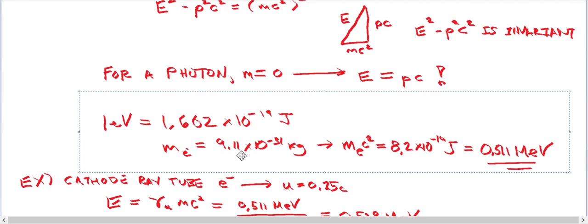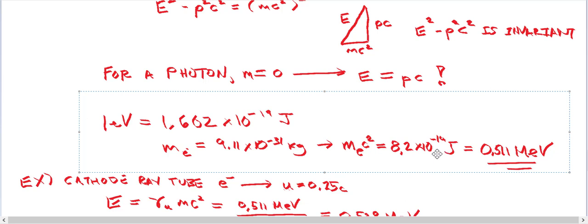The mass of the electron is 9.11 times 10 to the minus 31 kilograms. So mc squared, the rest energy of the electron, is 8.2 times 10 to the minus 14 joules, right? c is 3 times 10 to the 8 meters per second, so 9 times 10 to the 16 meters squared per second squared times 9.11 times 10 to the minus 31 kilograms is about 8.2 times 10 to the minus 14 joules.